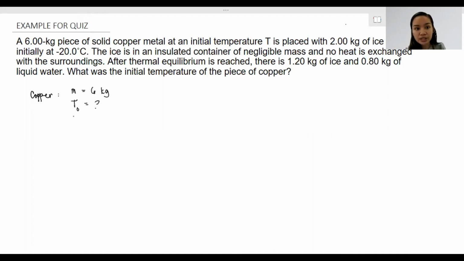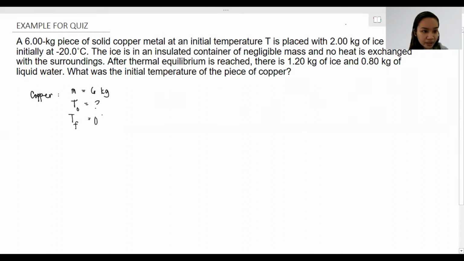Since it is the freezing point of water, or the transition of water to ice, at 0 degrees Celsius there is a possibility that a percentage of the ice will become liquid water. So here we will assume that our final temperature is 0.